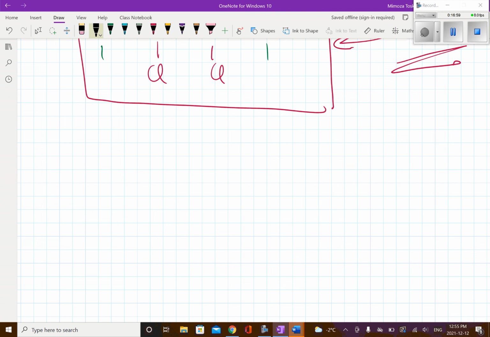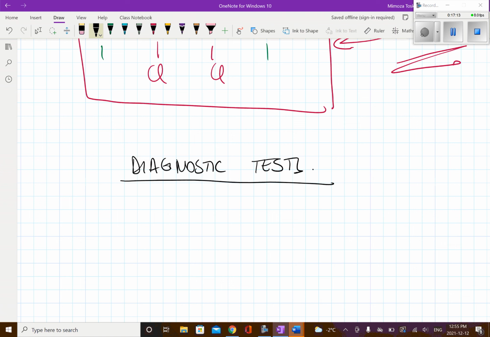Now, how do we see that an addition reaction is happening? We see that an addition reaction is happening when we do diagnostic tests. There are two types of tests that we do. The first diagnostic test is the reaction with bromine.